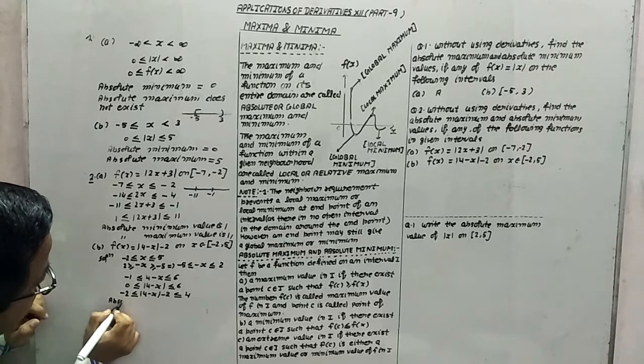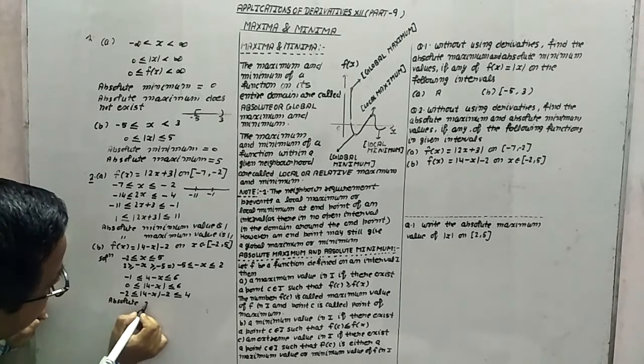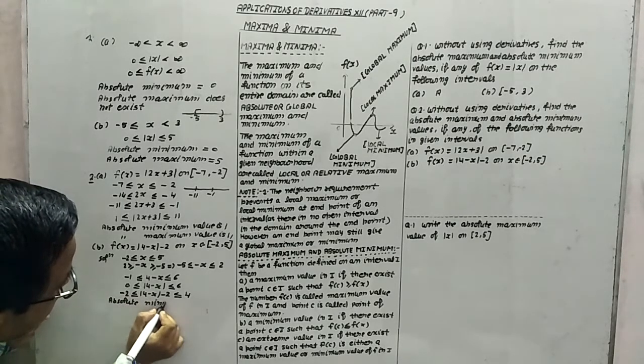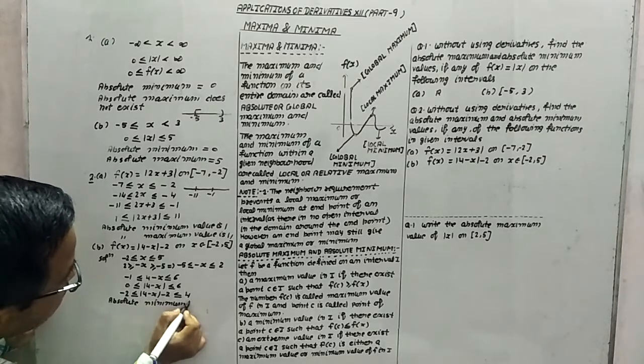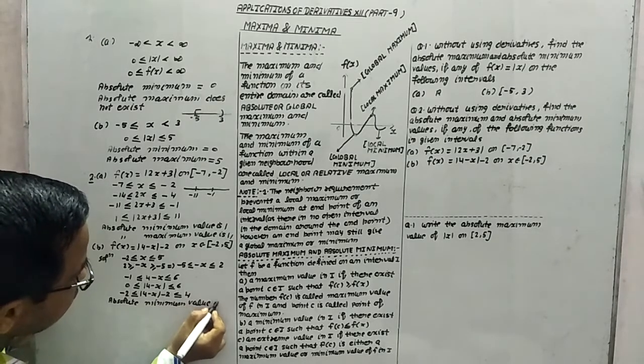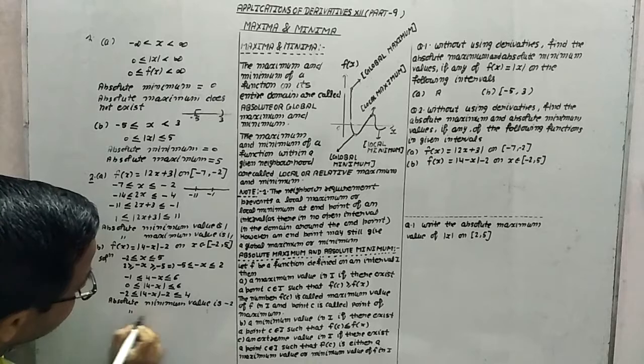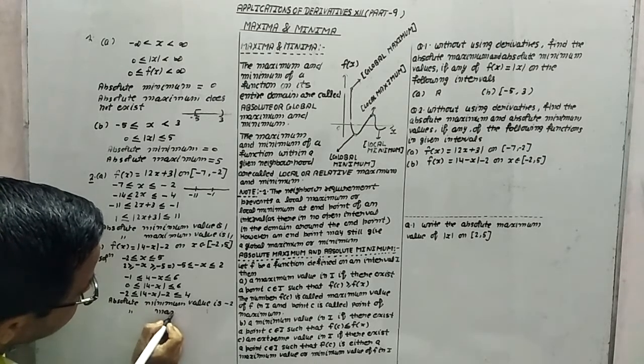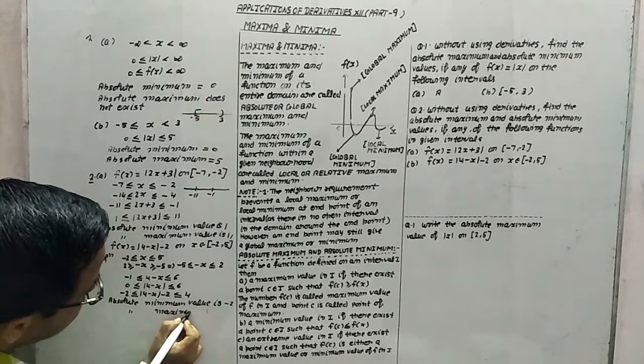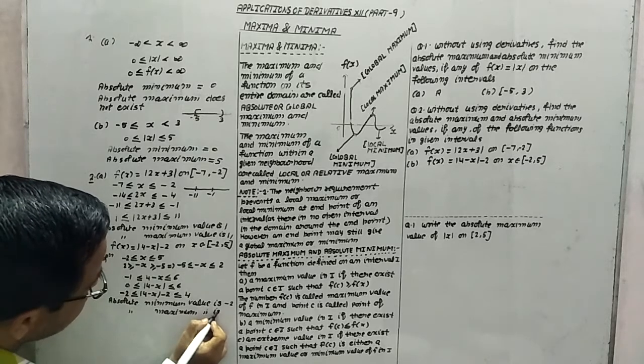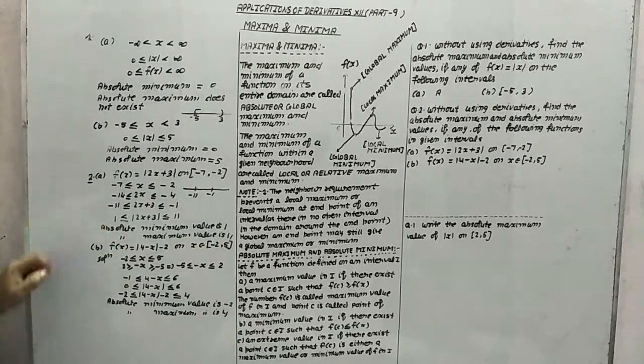So absolute minimum value is minus 2 and absolute maximum value is, what is this? 4. So this is the way to do this type of questions.